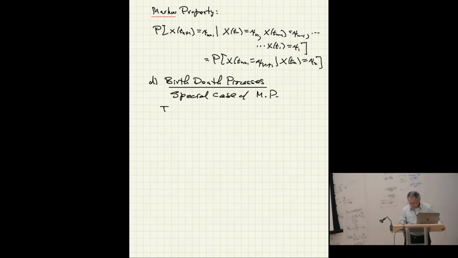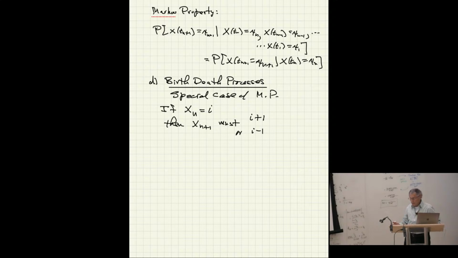Namely, if x_n is, say, the discrete value i, then x_n+1 must be i+1 or i-1.